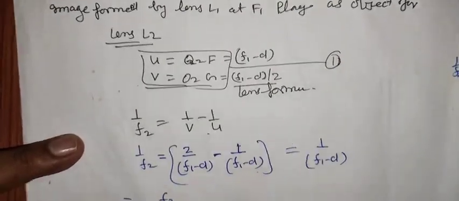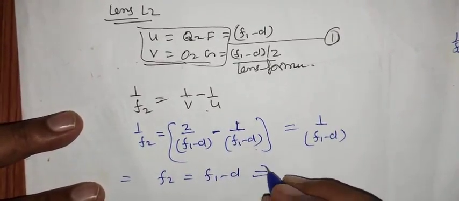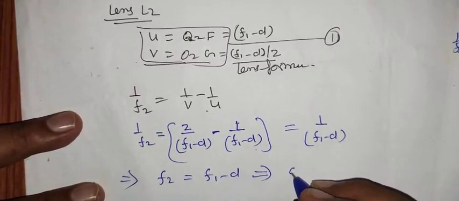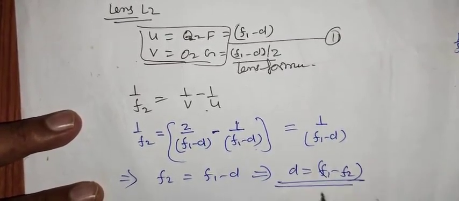This implies that F2 is equal to F1 minus D. Again it implies that D is equal to F1 minus F2.